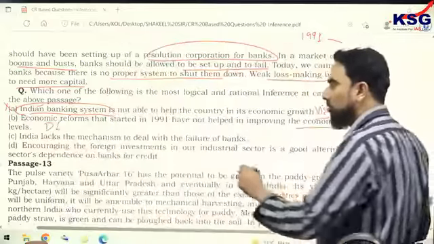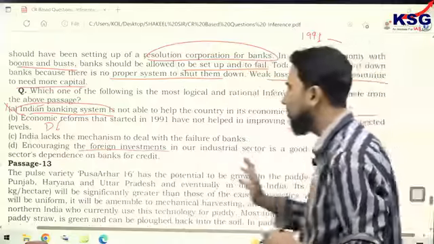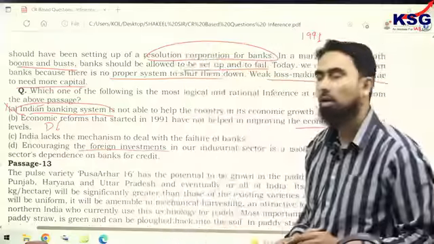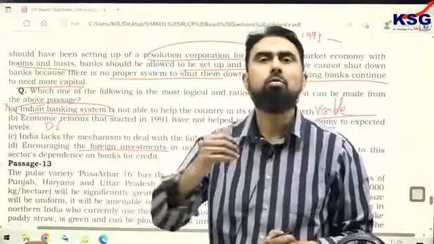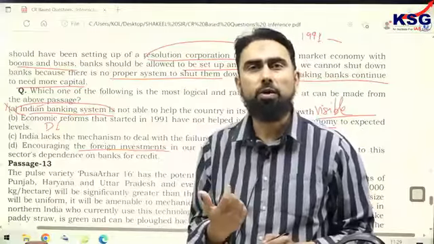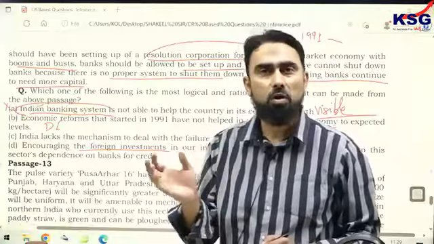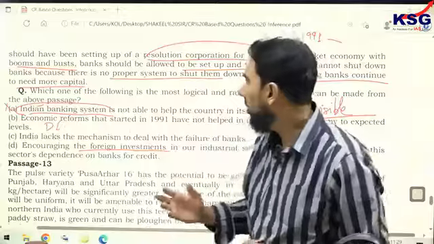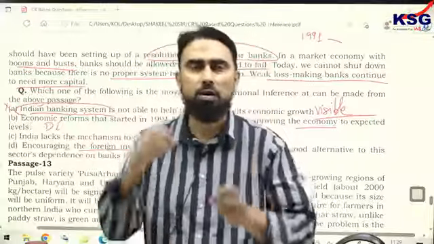Option D, encouraging the foreign investment in our industrial sector is a good alternative to this sector's dependence on banks for credit. Okay, so it is coming out with an alternative route, whereas the author's point is that a resolution bank should be there. Why it should be there? Because this economy, in today's competitive world, is an economy with booms and busts, with sudden growth and sudden failure.